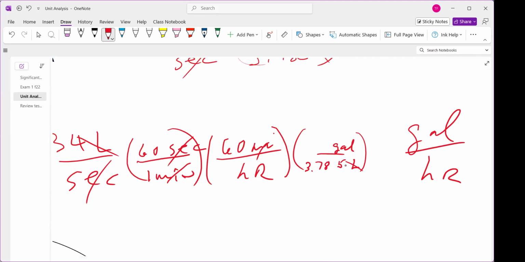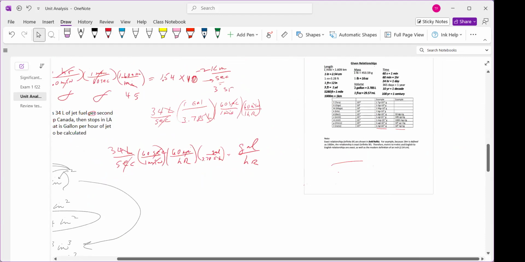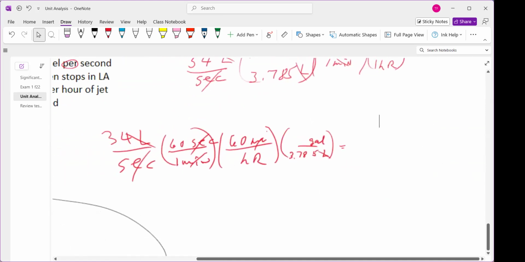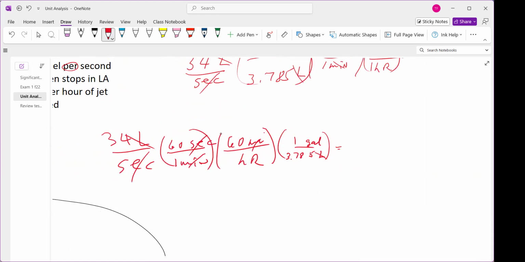I'm trying to calculate. Okay, so we're looking at 34 times 60 times 60 divided by 3.785. How many sig figs?